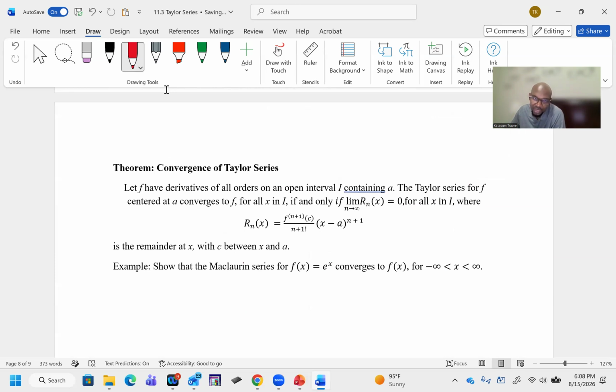The Taylor series for f centered at a converges to f for all x in I if and only if the limit of R sub n of x as n approaches infinity is equal to 0 for all x in I, where R sub n of x is equal to the (n+1)th derivative of f at c, divided by (n+1) factorial, times (x minus a) to the power of n plus 1.